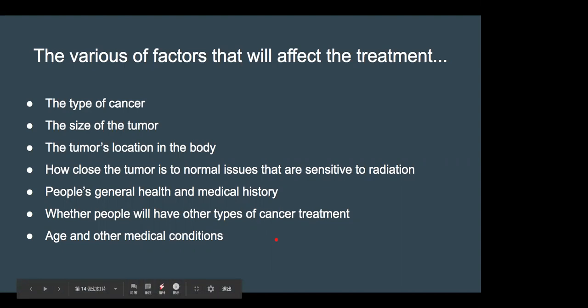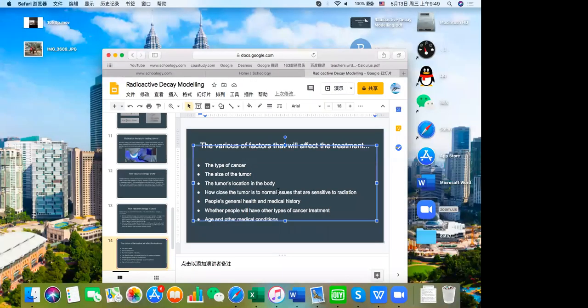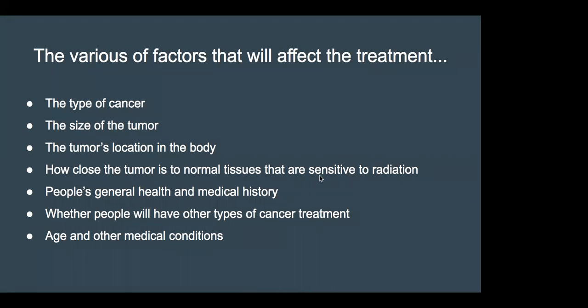Oh, sorry, this one should be tissue. How close the tumor is to normal tissues that are sensitive to radiation, people's general health and medical history, whether people will have other types of cancer treatment, and age or other medical conditions.